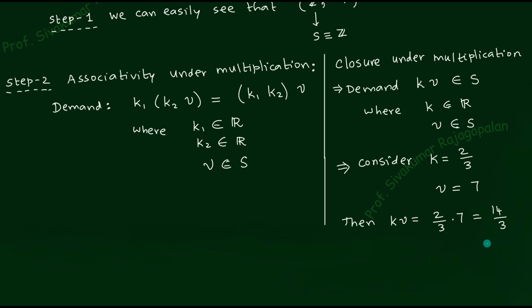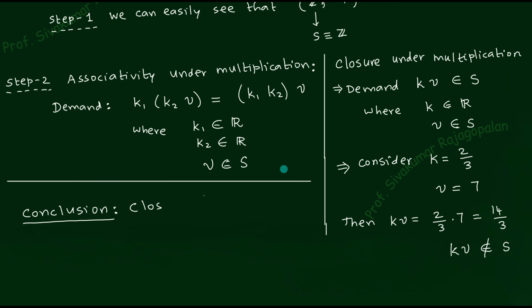So that becomes 14/3. Now 14/3 is not there in the given set. The given set is the integers, right? So 14/3 will not be there. You have now come to a stage where our element is escaping outside the given set, and therefore we can quickly write down the conclusion: the closure property under multiplication has failed.